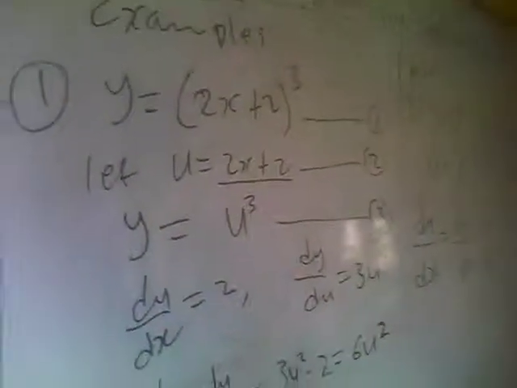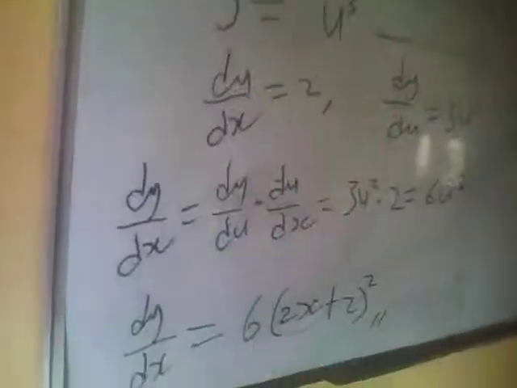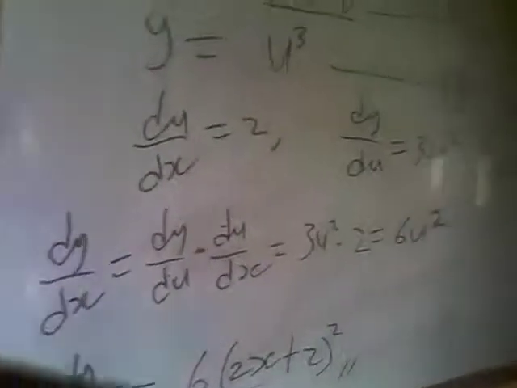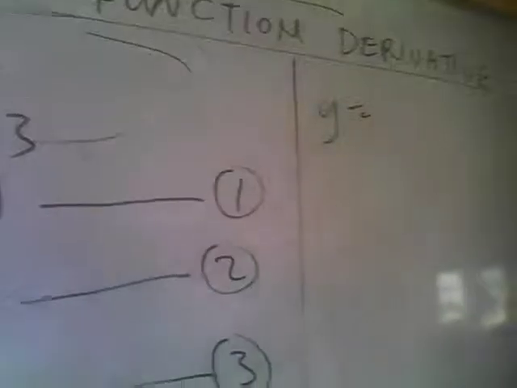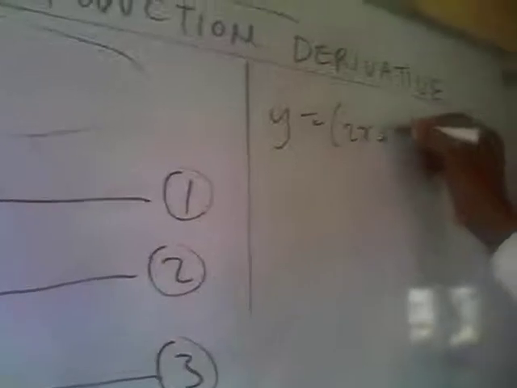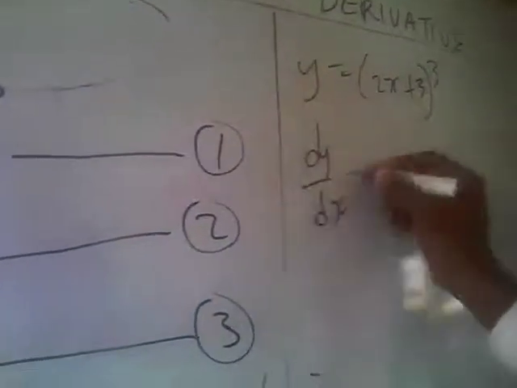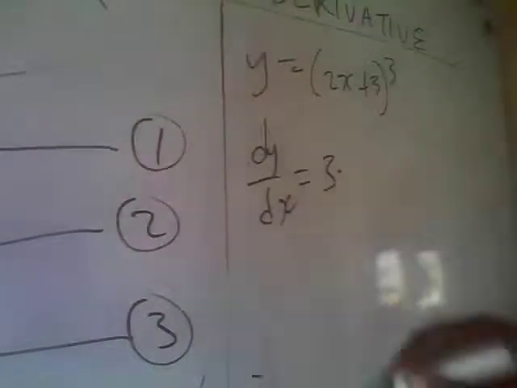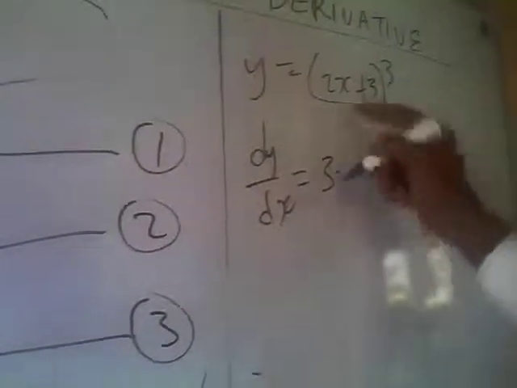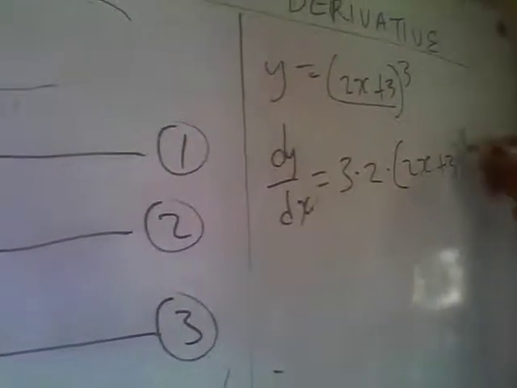Now, we can solve it using an alternative method. Since our y is equal to (2x + 3) to the power 3, dy/dx will be equal to, we bring down the power, then we differentiate what we have in the bracket, that is 2, then we repeat the bracket, 2x + 3, then we shorten the power by 1.